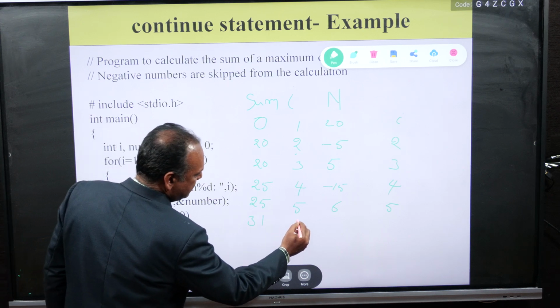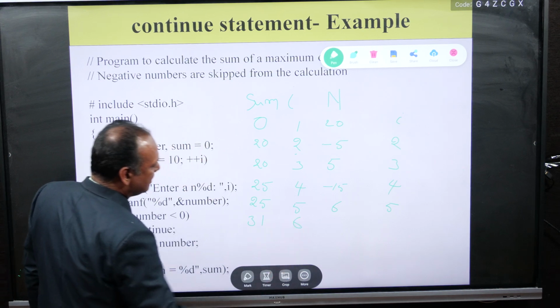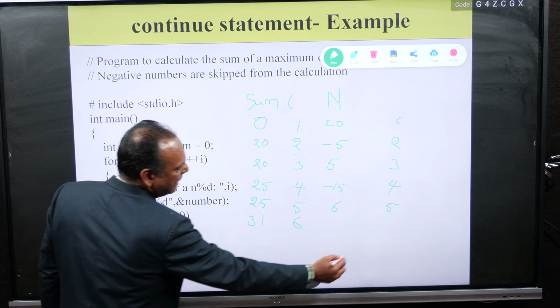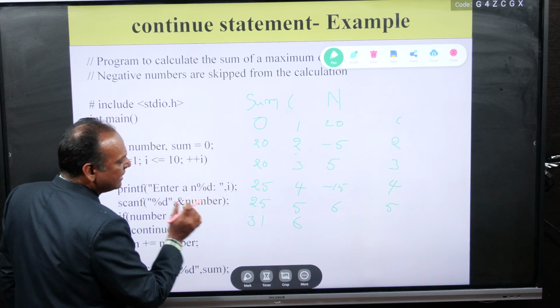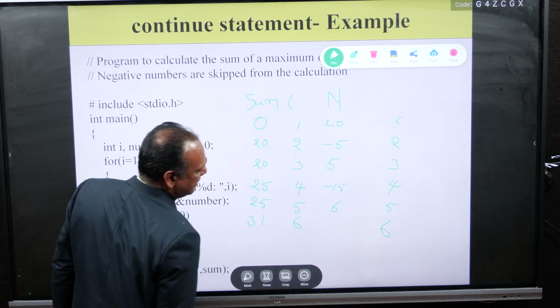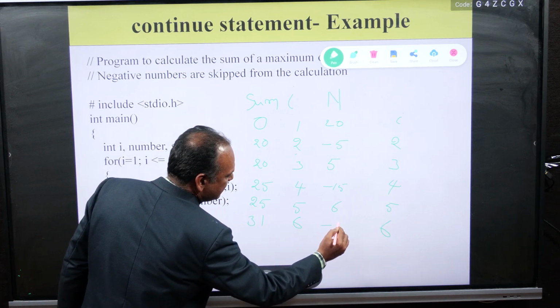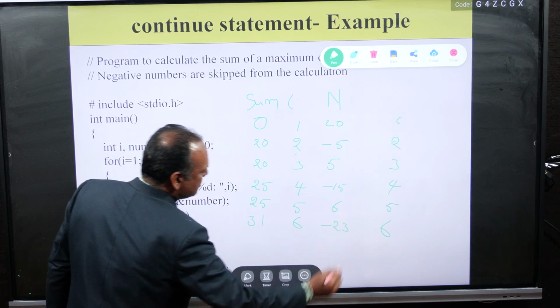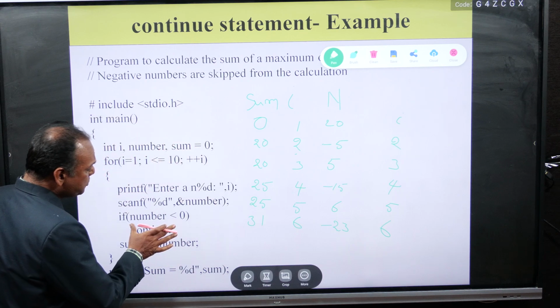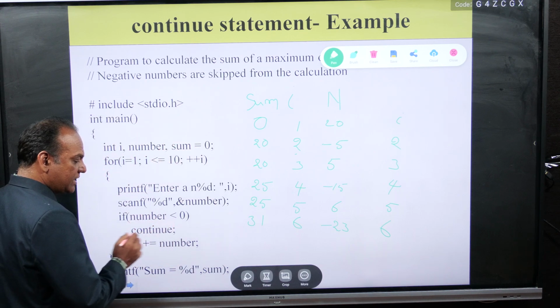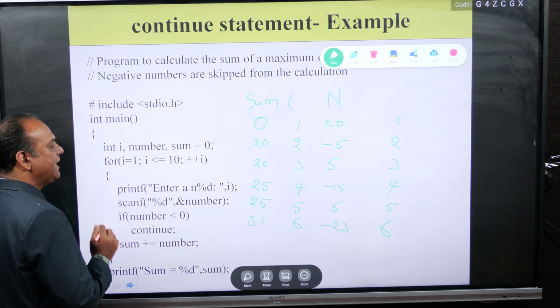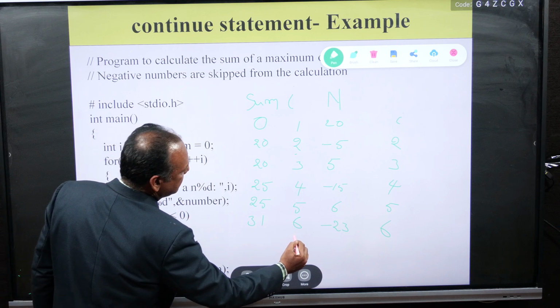Now I will be incremented to 6, and I enter the sixth number, again using minus 23. That minus 23 is less than 0, so continue will be executed and go to the next iteration.